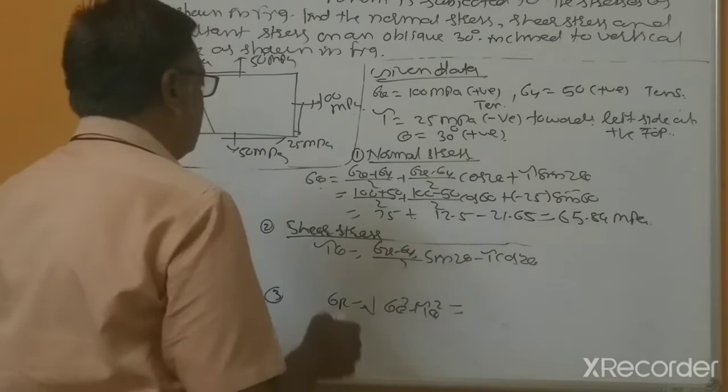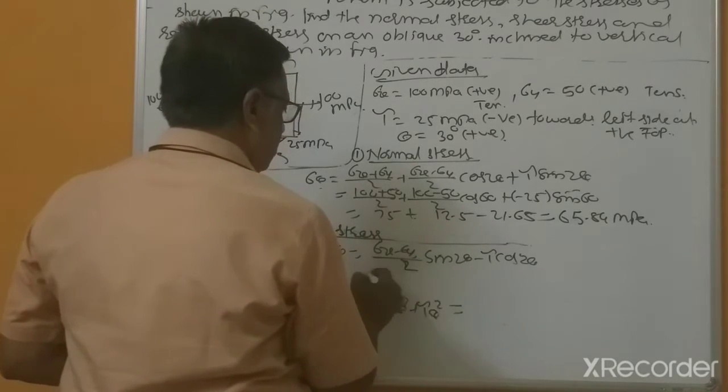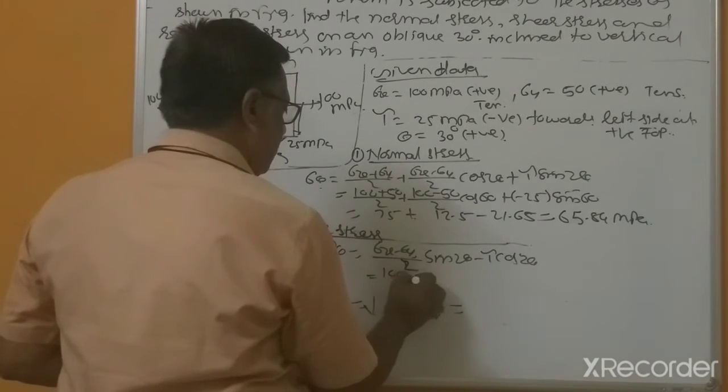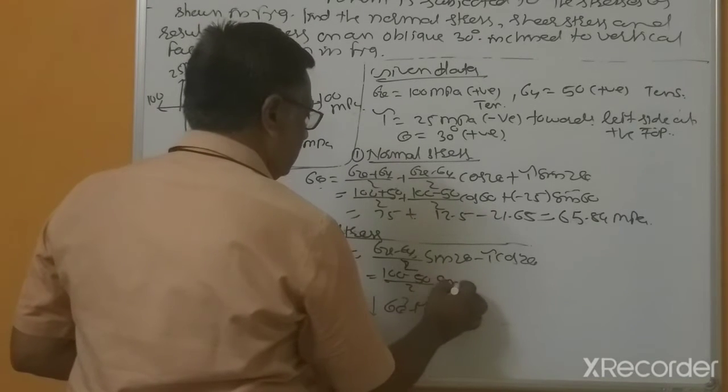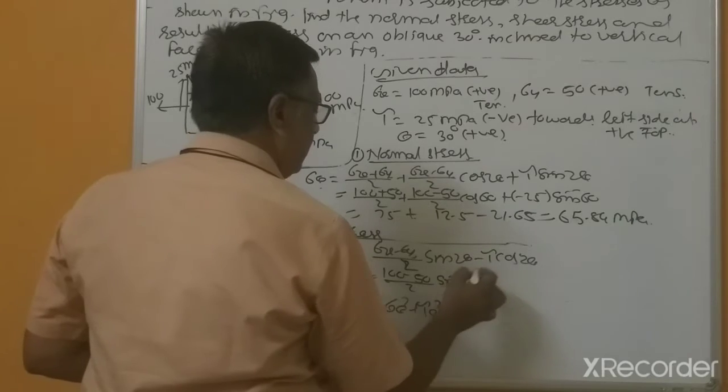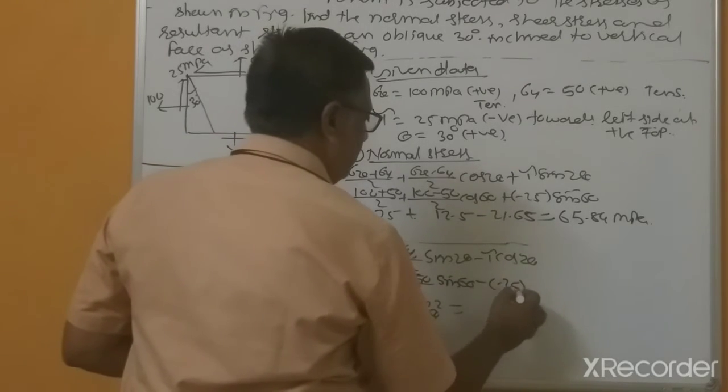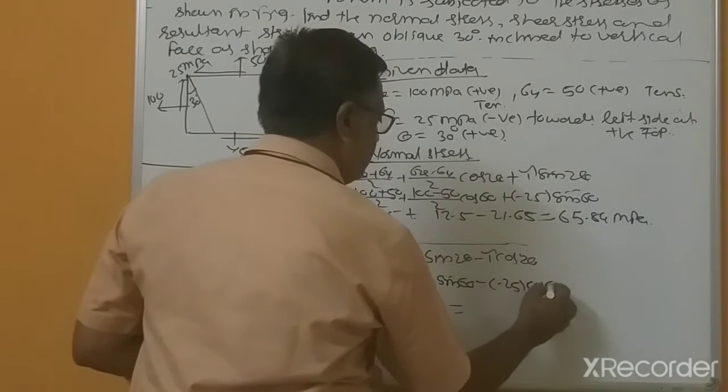Now shear stress. Here again this is 100 minus 50 divided by 2 times sin 60, minus 25 times cos 60.